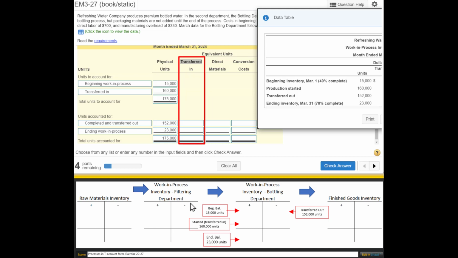In fact, they're going to accumulate. So the costs that were in the filtering department that got transferred in, these units are going to have 100% of the cost from the previous department. So for here, 152,000 times 100% is 152,000. 23,000 times 100% is 23,000. So we take 152 plus 23, we get 175,000.